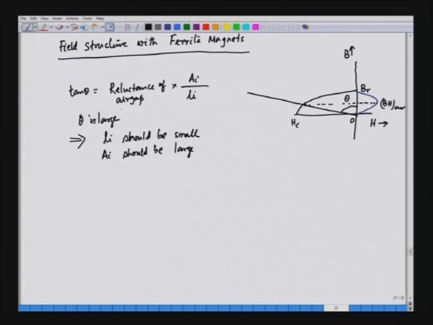So, it means the reluctance of the air gap is almost constant. So, we can have small Li and a large cross section area, that is Ai. So, these magnets are small magnets, not long magnets, but having high width. The cross section area is large.